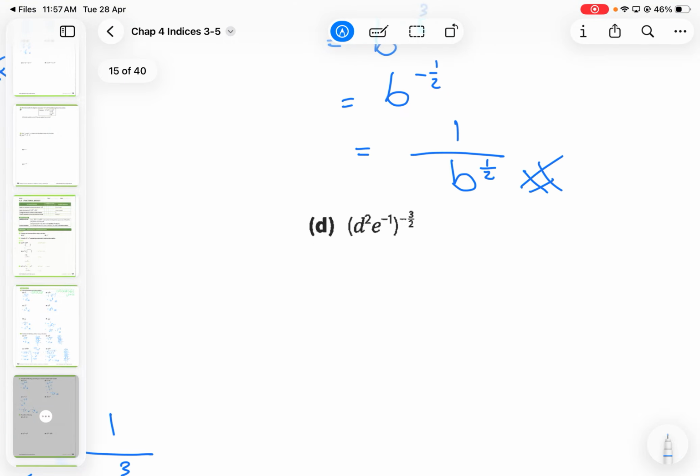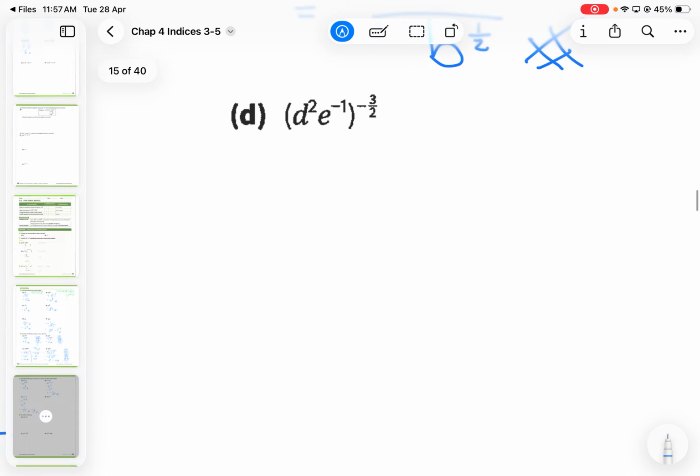Okay? For part D, we have d square and e negative 1 inside the bracket. So this negative 3/2, the power must give to d square, must give to e negative 1. So when I give to d square, 2 multiply negative 3/2 become negative 3.